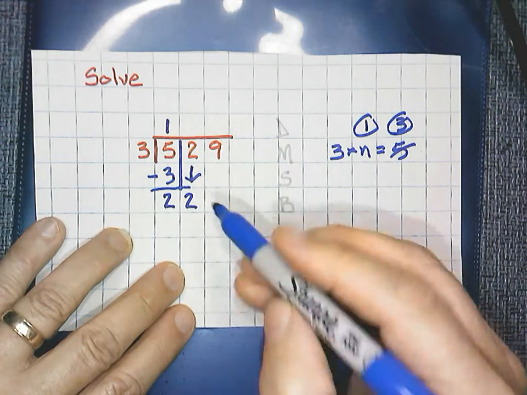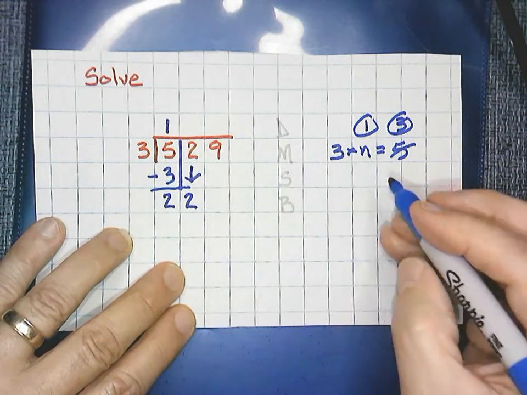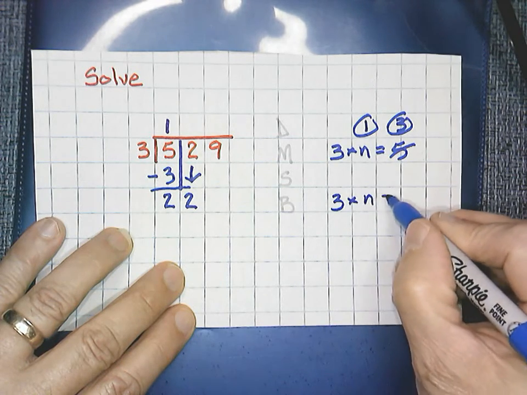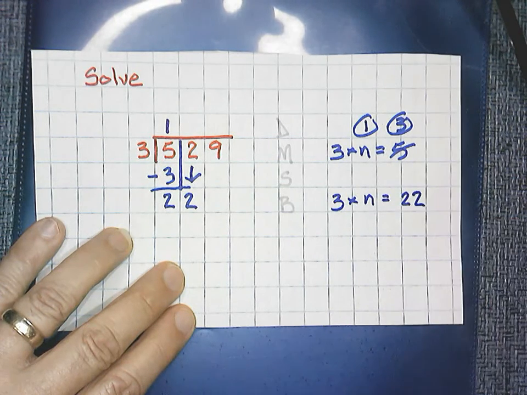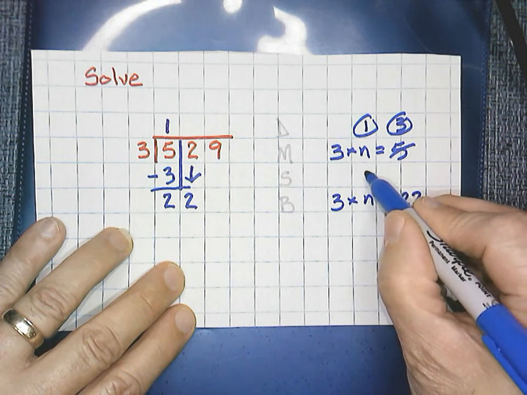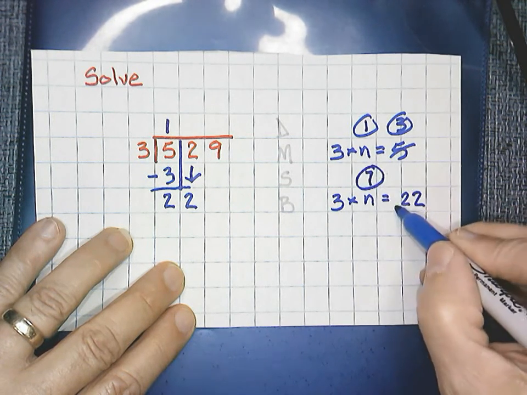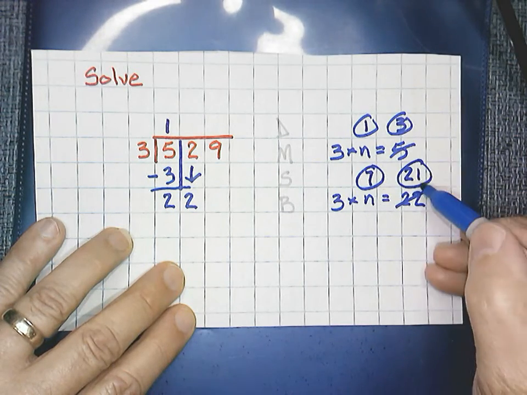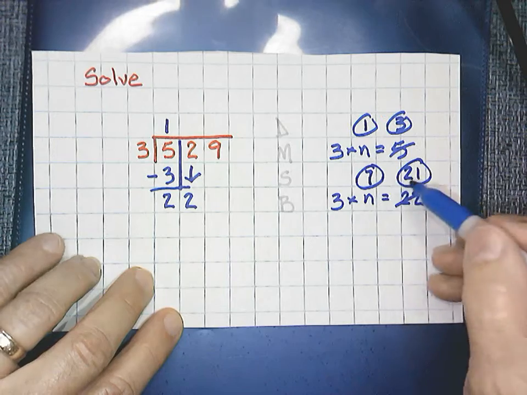I bring down the 2, and now we're going to write an equation. 3 times n equals 22. The best I can do when I solve for n is 3 times 7, but it does not equal 22. It equals 21. I'm going to use both numbers.